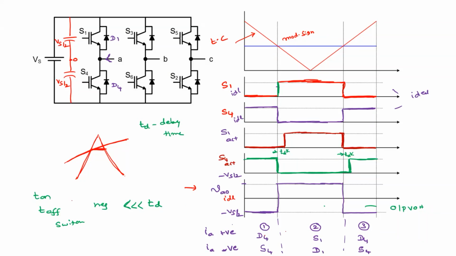Now we will see how this ideal voltage is modified with the introduction of these time delays. We have two scenarios: when the current is positive, or when the current is negative. We'll start with the positive case, so let us assume IA is positive, which is in this direction. When the current is positive, S1 and D4 are conducting.